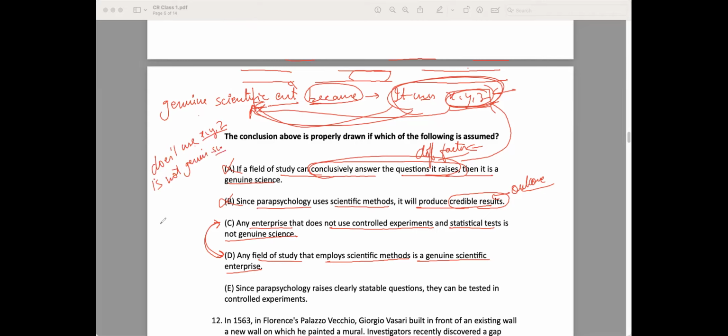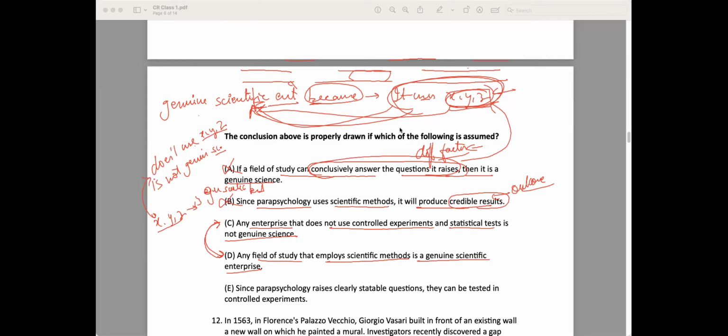Option D says anything that employs XYZ, I mean scientific methods, is a genuine scientific enterprise. Which one do you pick out of the two? That's the question. Let's see what you have picked.